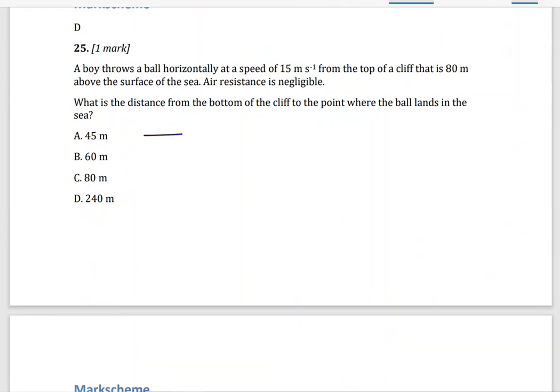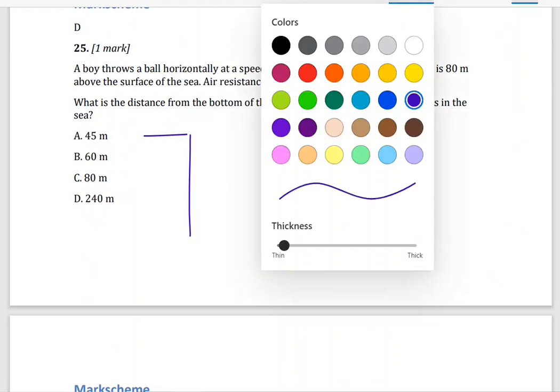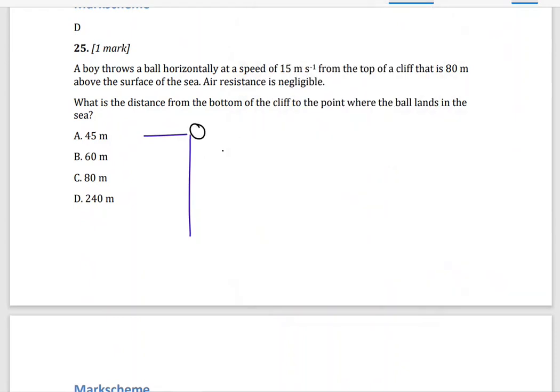So here you have a cliff, the boy throws a ball horizontally, in the X direction. The initial speed in X direction is 15 meters per second. The cliff height is 80 meters, so the distance from here till here, delta y or S in Y direction, is equal to 80 meters, and is negative since the motion is down.